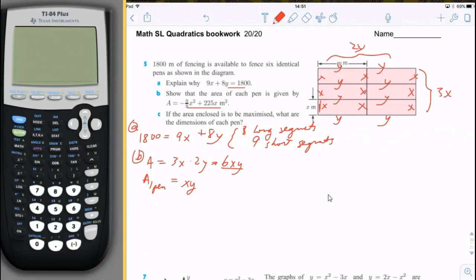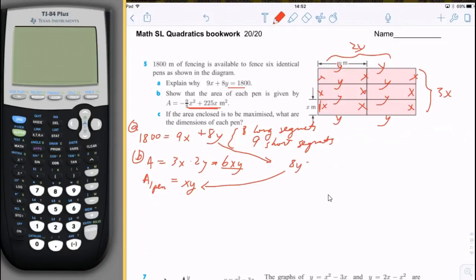Okay, and so now we need to say, okay, well, they want an expression with no y's in it. Okay, so how do we get rid of the y's? Well, we're going to take the equation that we got in part A, and we're going to find an expression with y equals blah, blah, blah with x in it, and then we're going to substitute it in and get rid of the y. Okay, so let's do that. Let's see, we're going to start with 1,800 equals 9x plus 8y. First, we're going to subtract 9x from both sides.